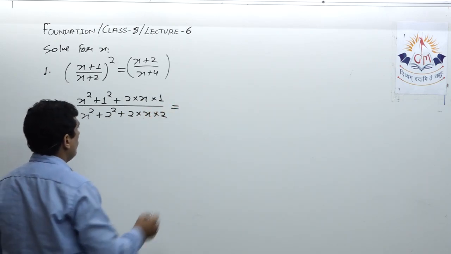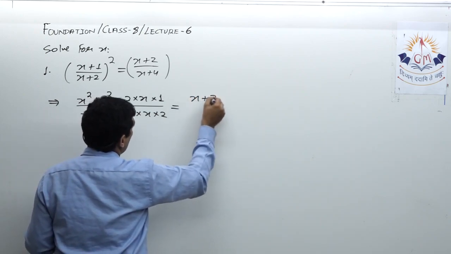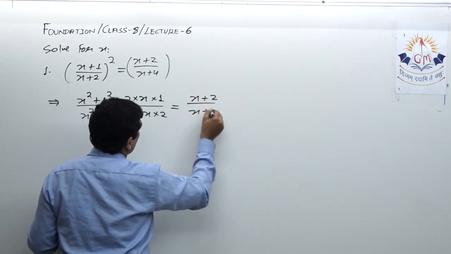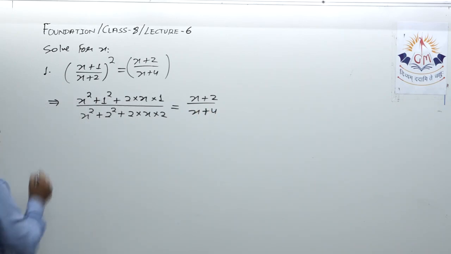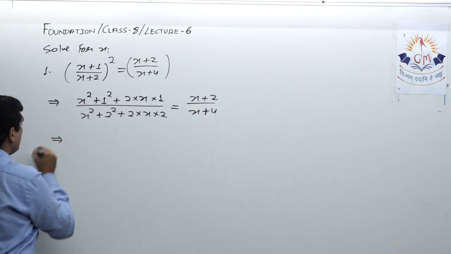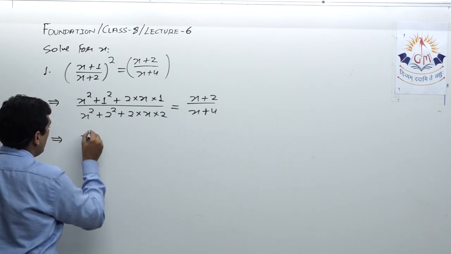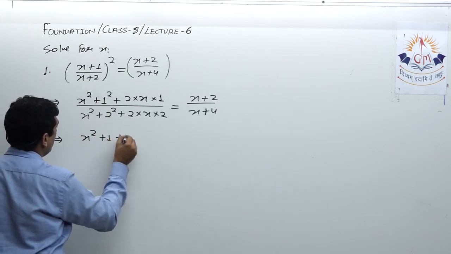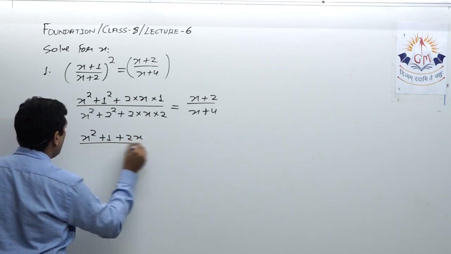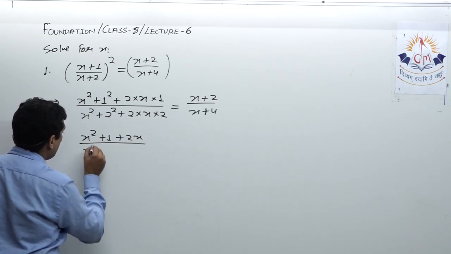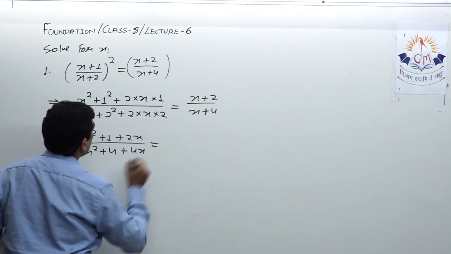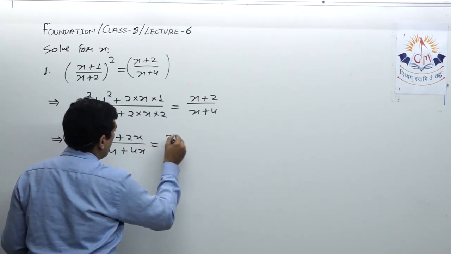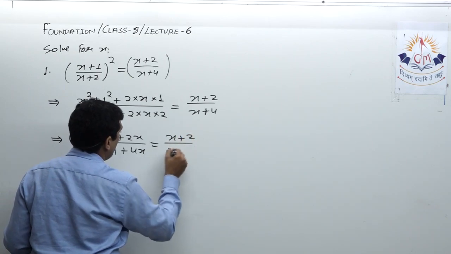And over here it is x plus 2 upon x plus 4. Now here x square plus 1 plus 2x divided by x square plus 4 plus 4x is equal to x plus 2 upon x plus 4.